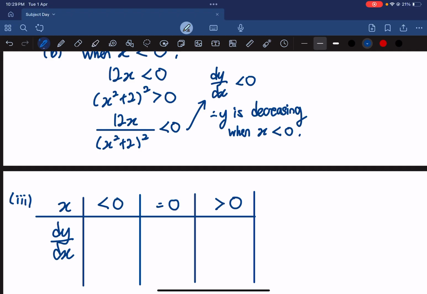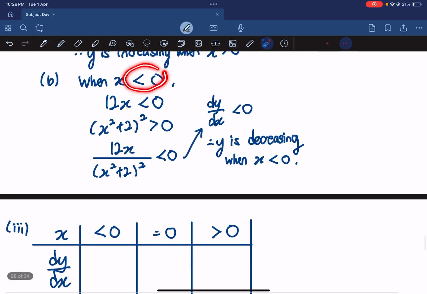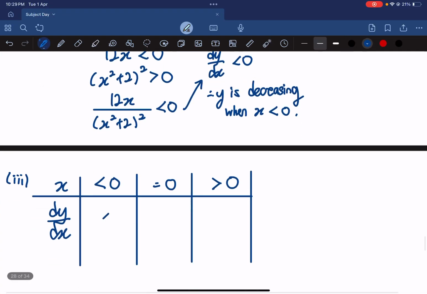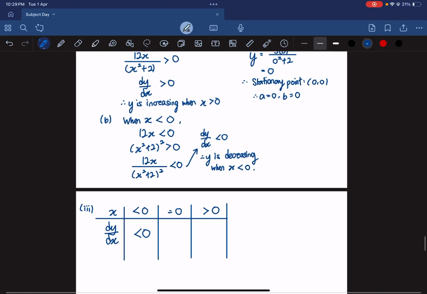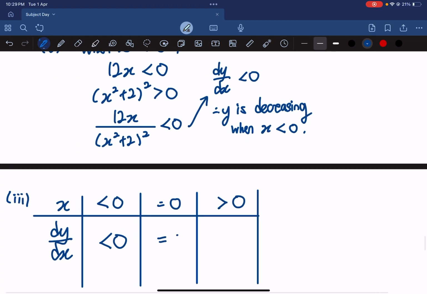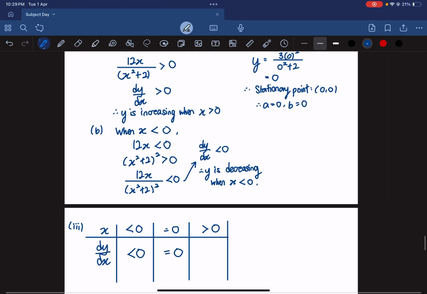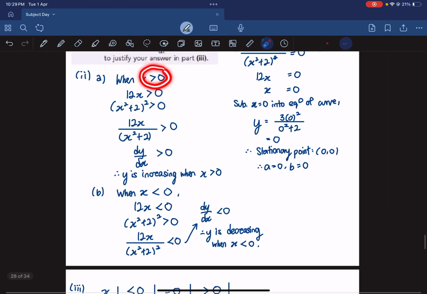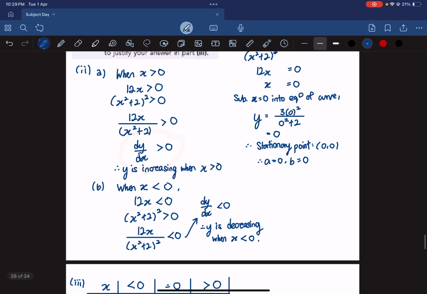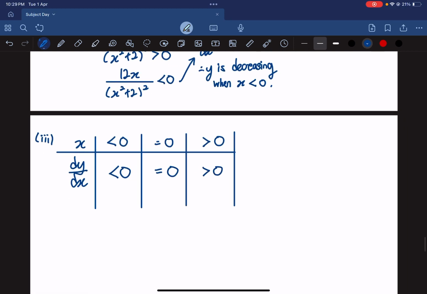When x is less than 0, I know that dy over dx is less than 0. When x is equal to 0, I know that this is a stationary point, dy over dx is equal to 0. And when x is strictly greater than 0, my dy over dx is greater than 0. So therefore, this is simply your first derivative test.